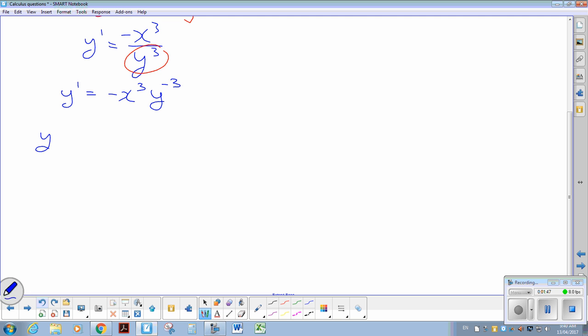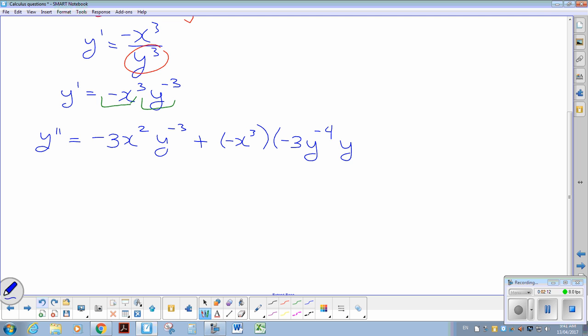So the second derivative, y double prime, is equal to, take the derivative of the first function. So there's two functions here. 3x squared, y to the negative 3, plus the first function, negative x cubed, multiplied by negative 3, y to the negative 4 times y prime.